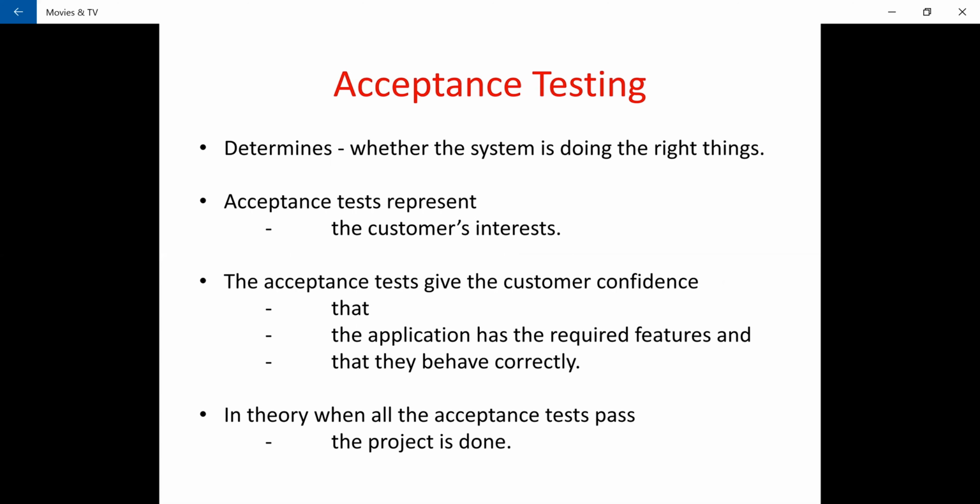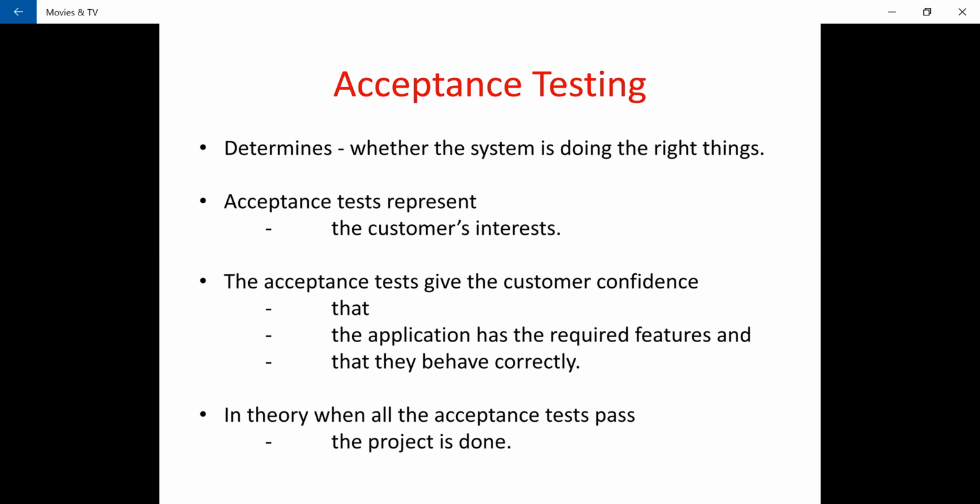Acceptance tests represent the customer's interest, whether the customer is satisfied with the software or not. The acceptance test gives the customer confidence that the application has the required features and behaves correctly, that it is of the customer's interest, and that it is acceptable to the customer.